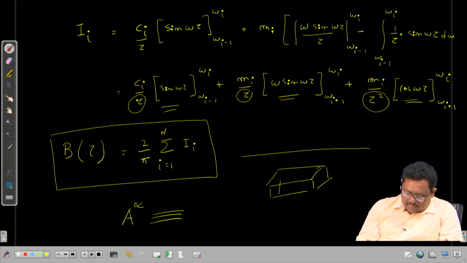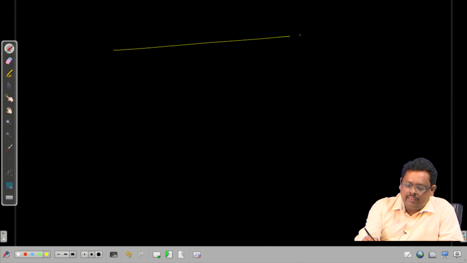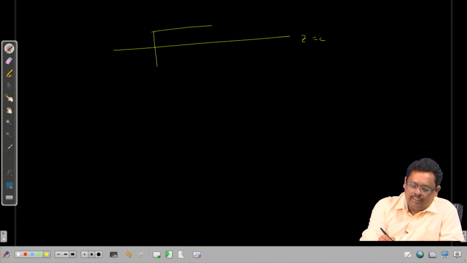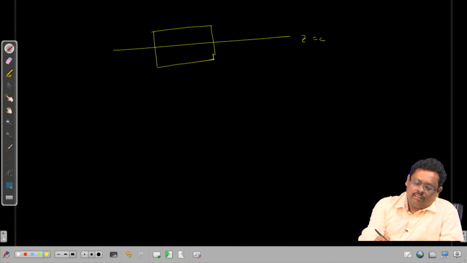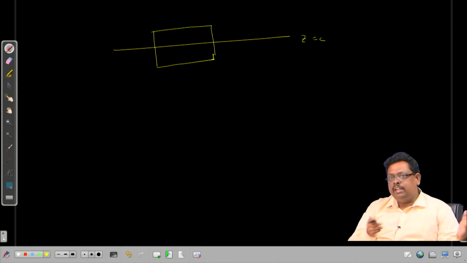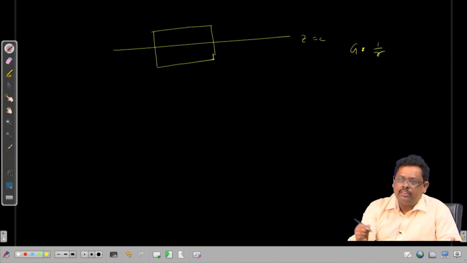Actually, you can use the same problem: if you have this z equal to 0, and then you take this object and its image, and you solve the same problem for infinite frequency, that infinite depth problem that we did, right. We take that G equal to 1 upon r and we have solved that problem.